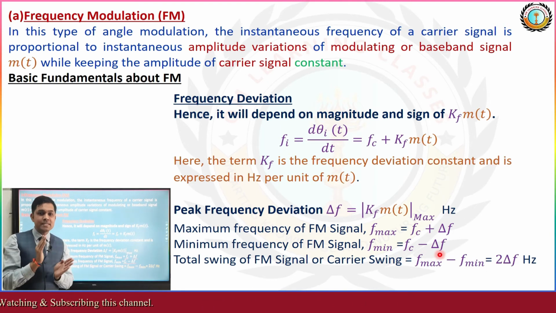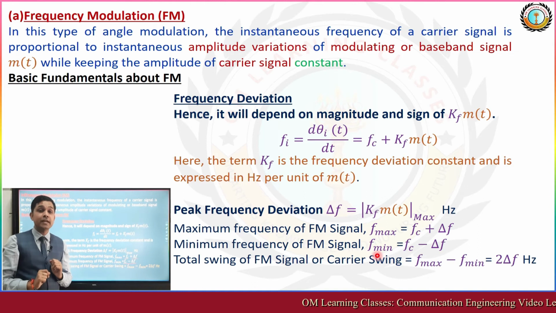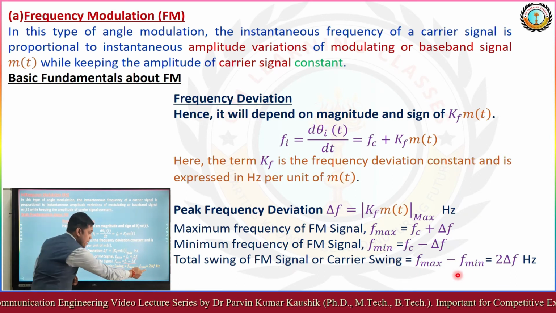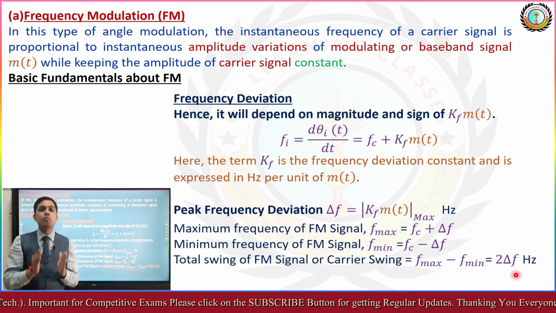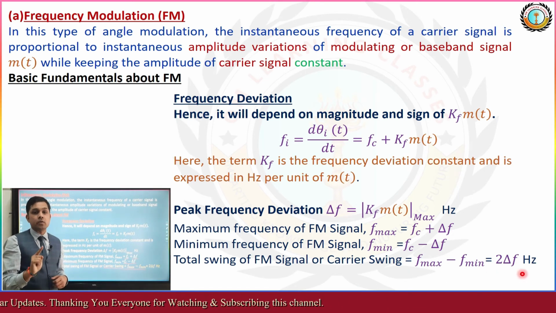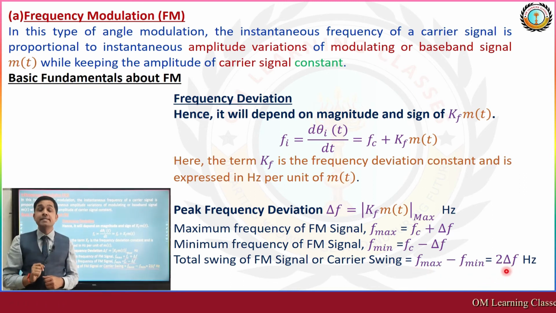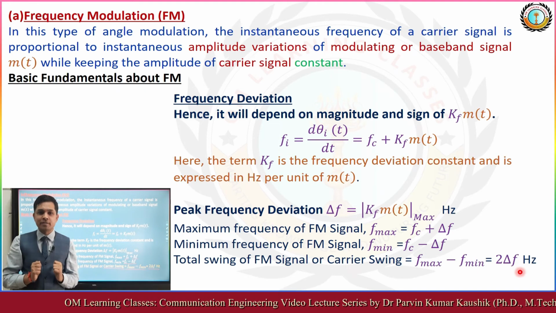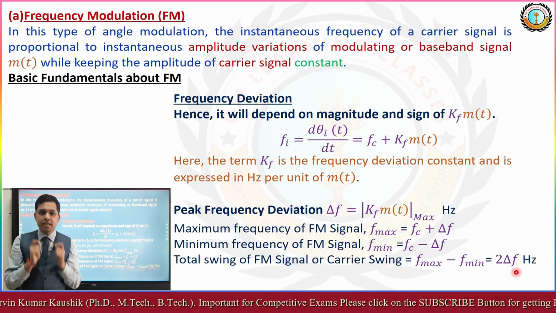And by utilizing the maximum frequency and minimum frequency of FM signal, we have another term that is known as carrier swing, and that carrier swing is your f maximum minus f minimum. And if we put the values of f maximum and f minimum of FM signal, we get the total carrier swing of the FM signal that is equivalent to 2 delta f, and that unit is in hertz, meaning twice the frequency deviation is known as the carrier swing in the FM signal.